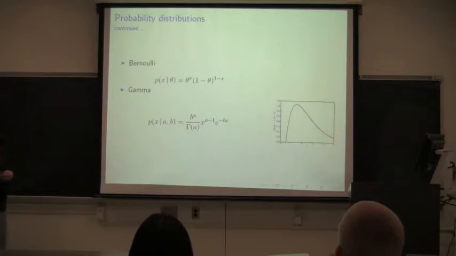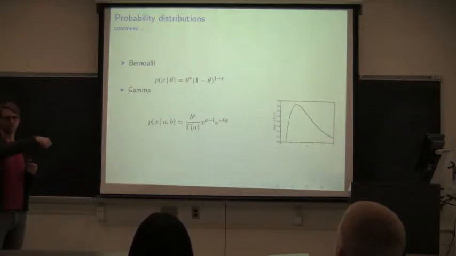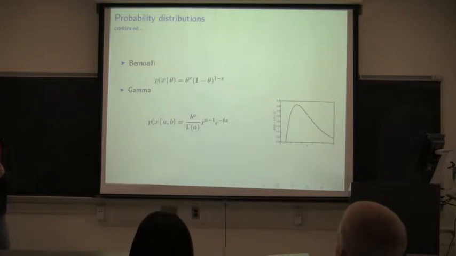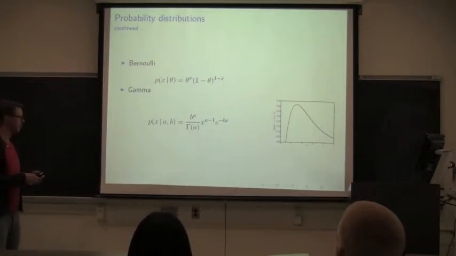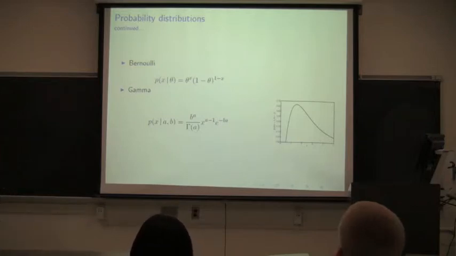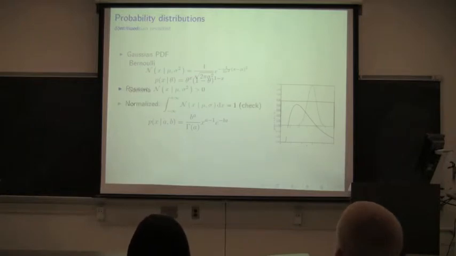The negative binomial distribution is the distribution you would get if you flipped a coin and counted, for example, the occurrences of heads until you observe a given number of tails. And it has this funny shape. The gamma distribution only takes positive values, so x is always larger than 0.